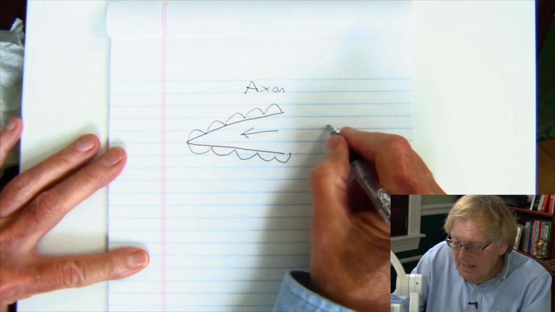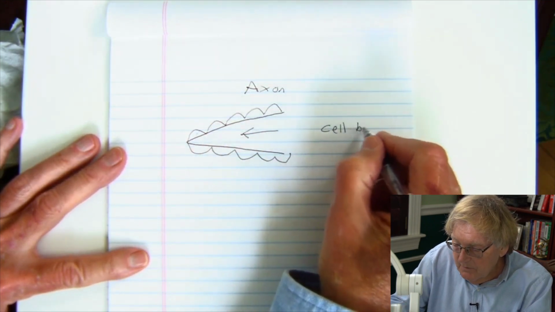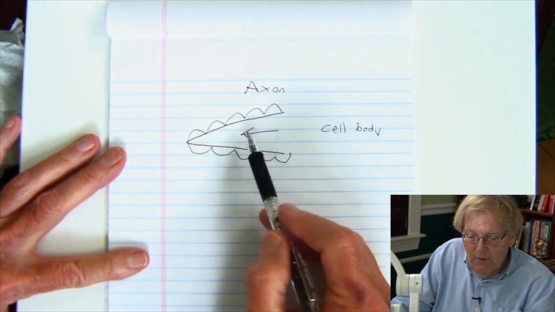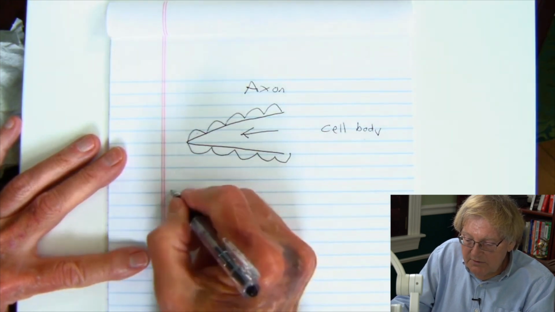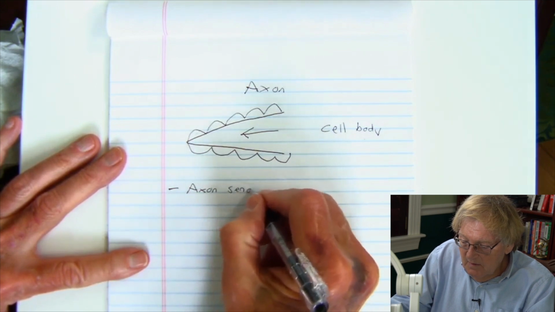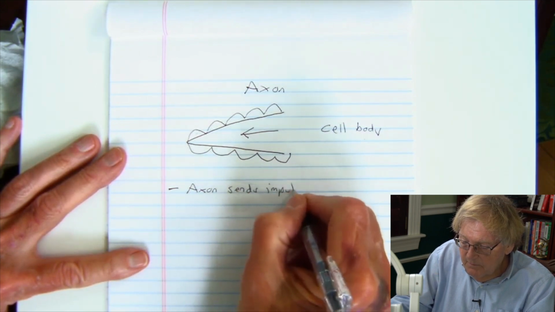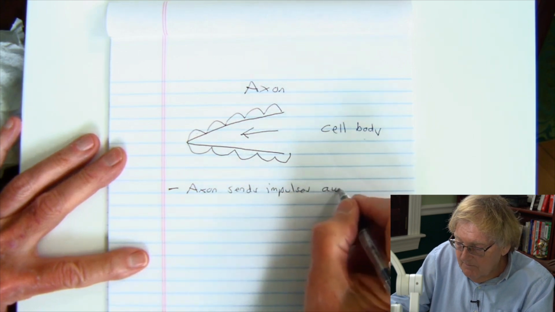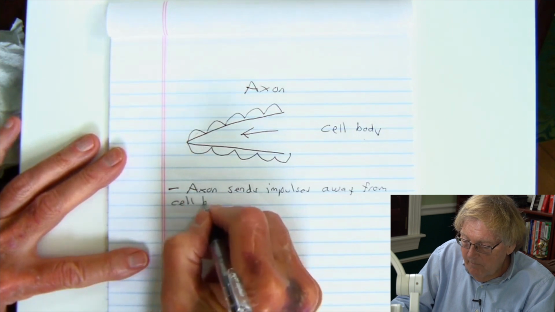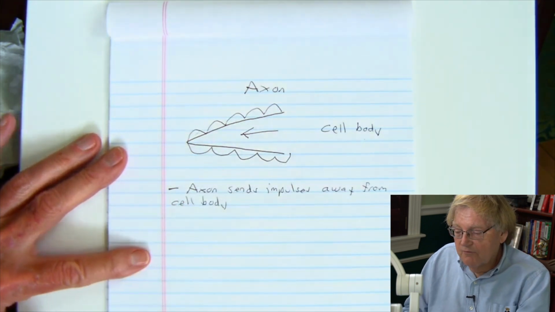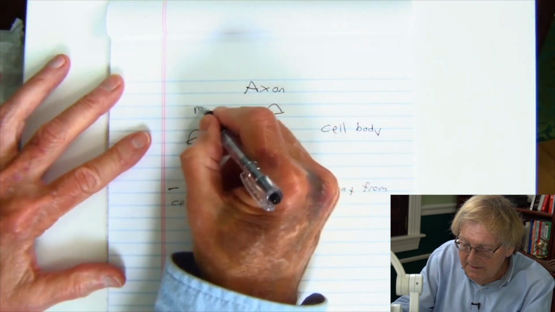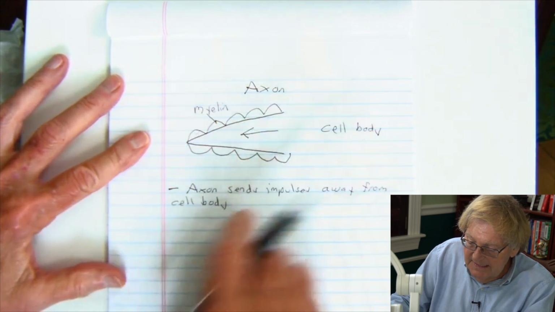And since the cell body is located over here, this is going to be sending impulses away from the cell body. So we know that an axon sends impulses away from the cell body. And therefore, these bumps that I put on here, which I've already described to you and say are called myelin, are going to insulate that.